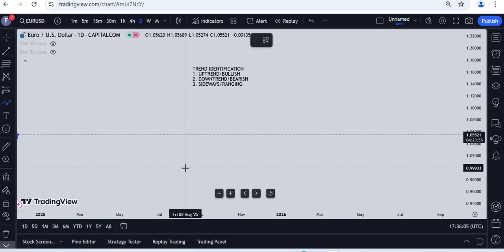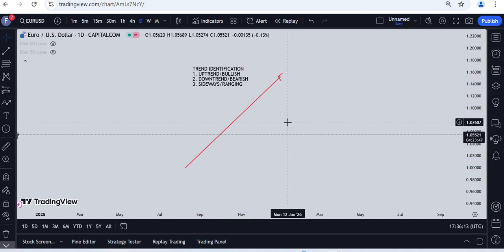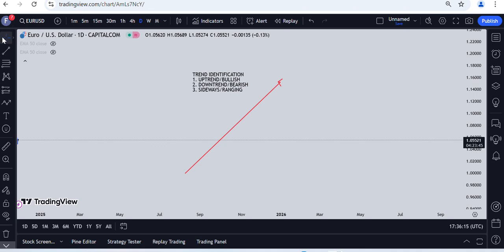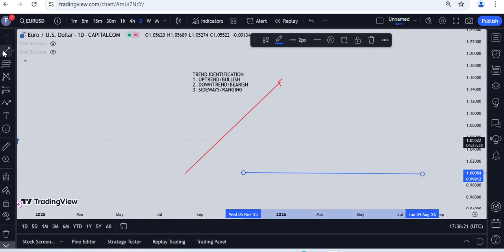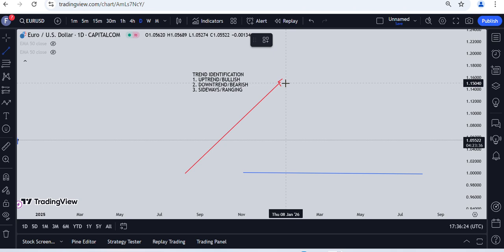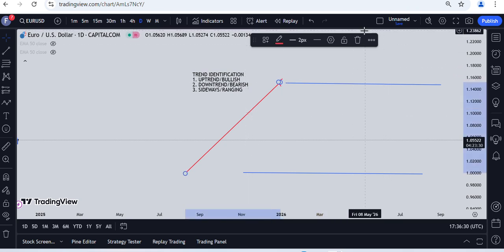Okay. Now in an uptrend, these are uptrend moves. The market does not move in a straight line like this, right? The market does not move in a straight line. For instance, the market wants to go from this first point, right, and go to this next point here, right? The market will not just move straight to that point.